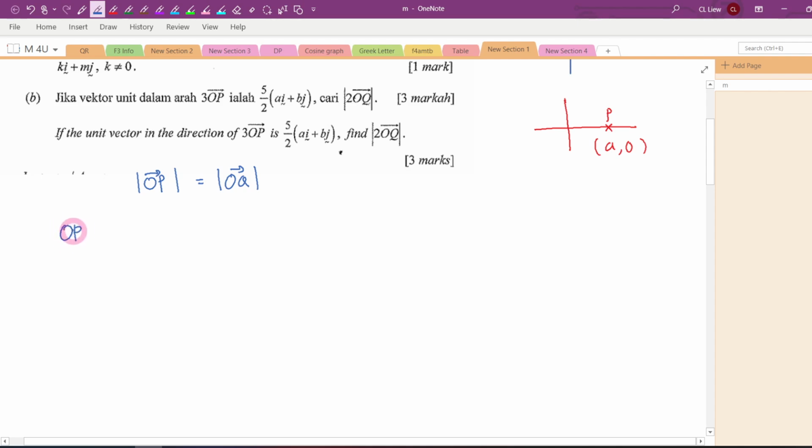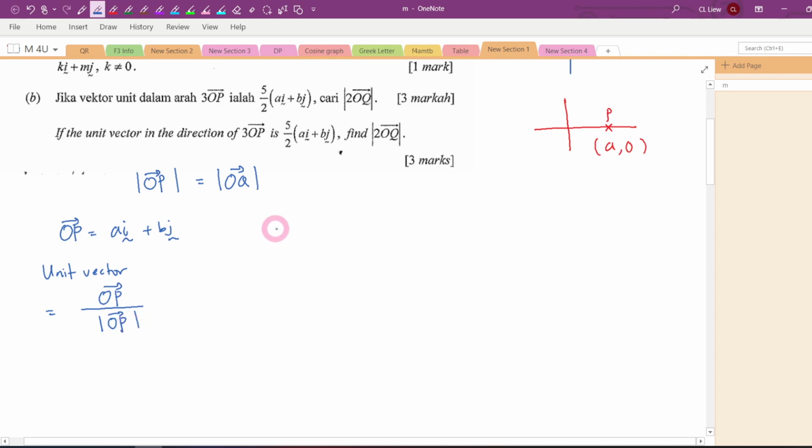Let's say OP is equal to ai plus bj. The unit vector in the direction of OP is OP divided by the magnitude of OP.